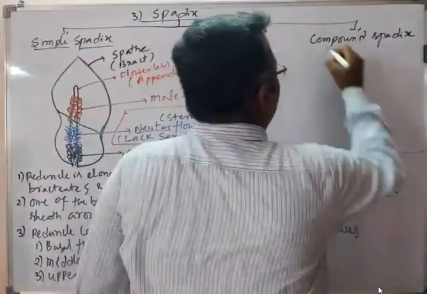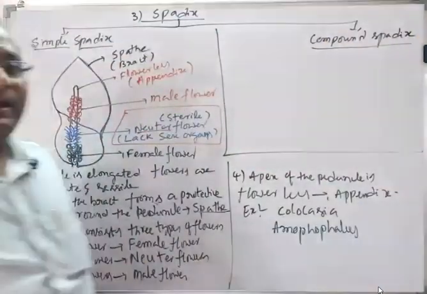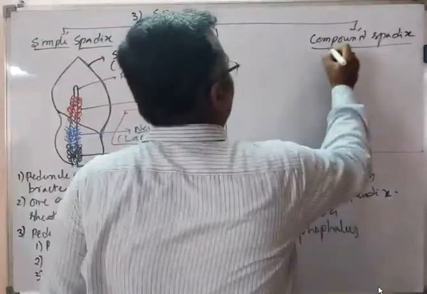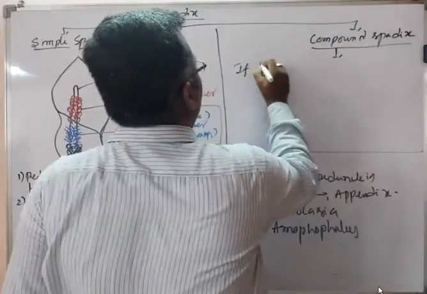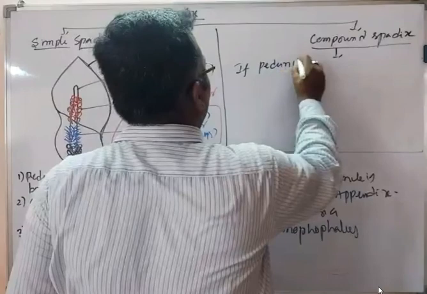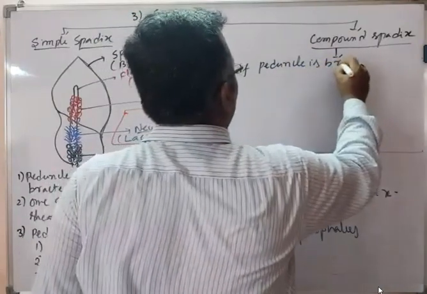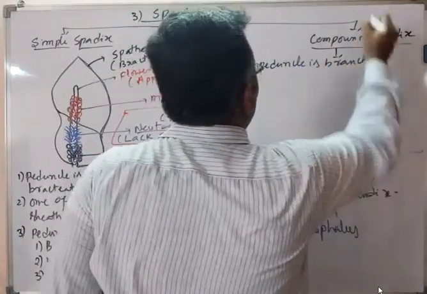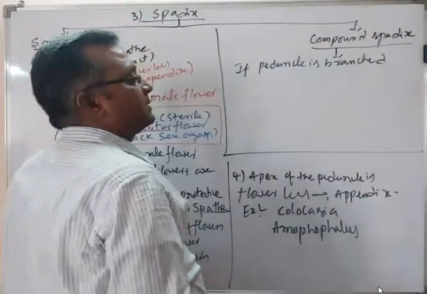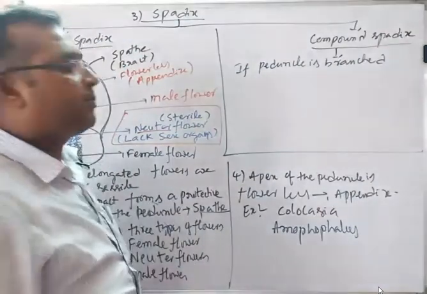Whereas, if the peduncle is branched, then it is called compound spadix. Compound spadix.